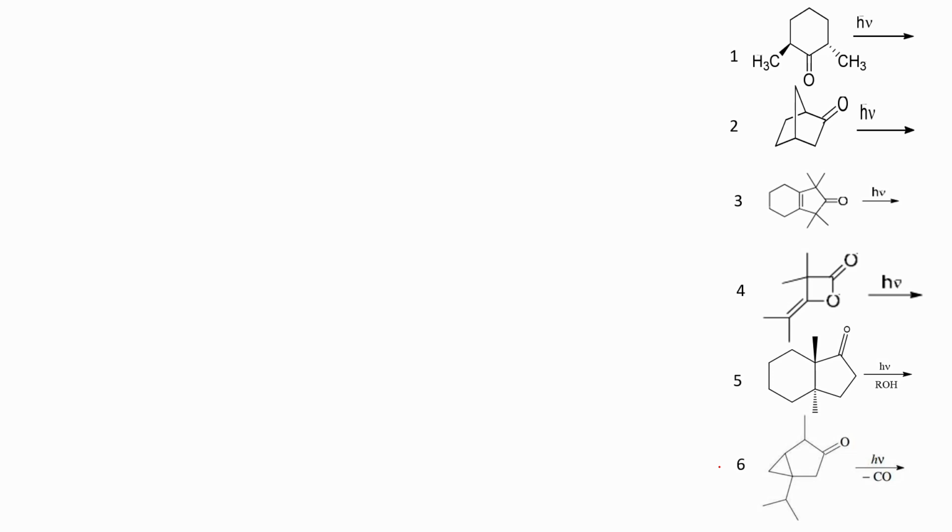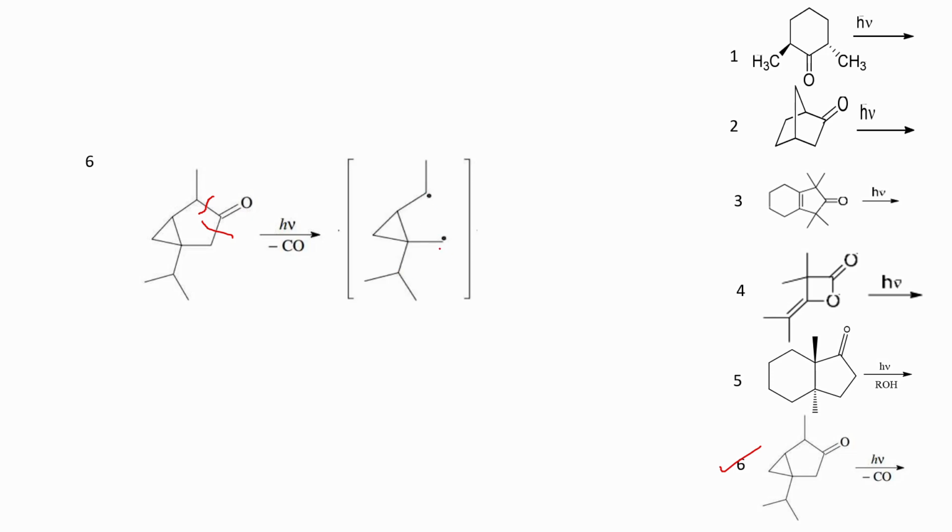Okay, now take the last example, this example. As in the previous case, the alpha cleavage followed by the elimination of carbon monoxide leads to the formation of this biradical, and this biradical again on photolysis of this bond, an electron goes to that carbon atom, another electron goes to this carbon atom, and there is possibility for the formation of a diene by sharing these two electrons between these two carbon atoms, and these two electrons between these two carbon atoms.